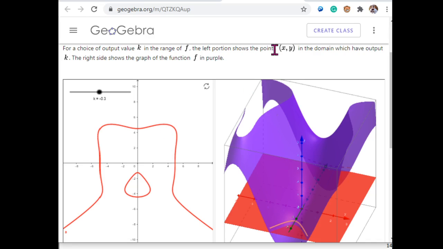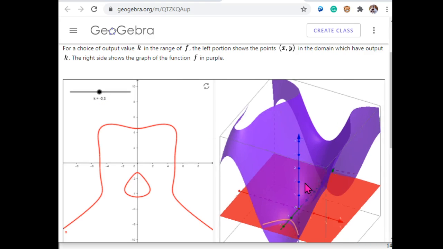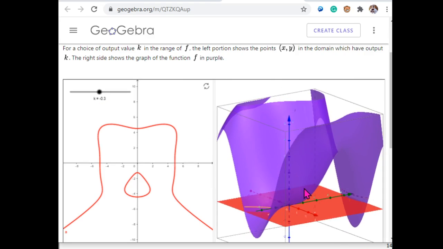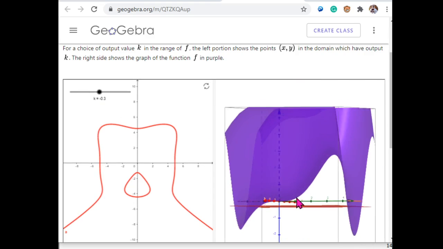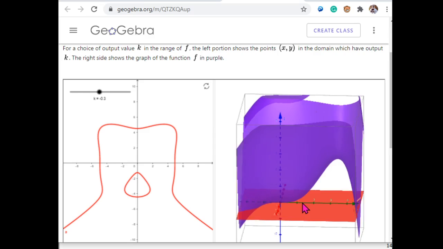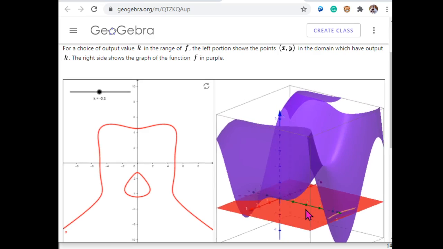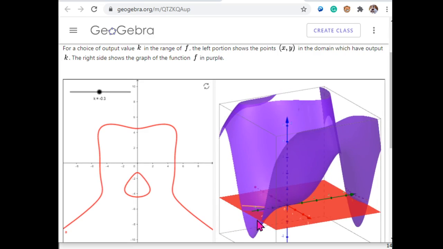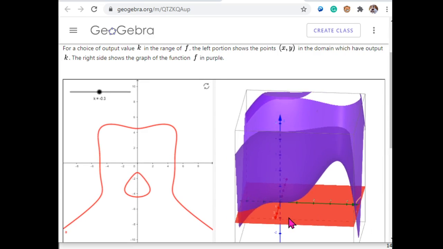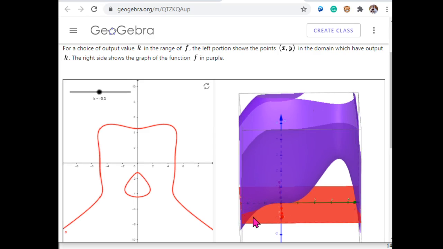When you apply f, what I'm trying to say is f of 4 comma 5 should be negative 0.3. And the statement's a little off, but I hope that works for you. And somewhere in this picture on the right, the plane z equals negative 0.3 has been drawn for us. And where that red plane intersects this graph in purple, all of those points of intersection are shown in red on the left.